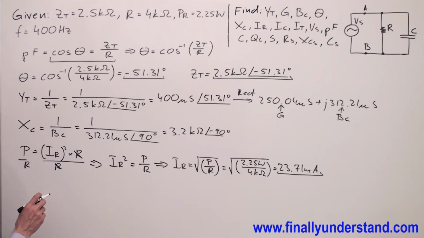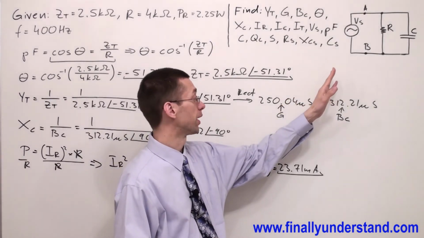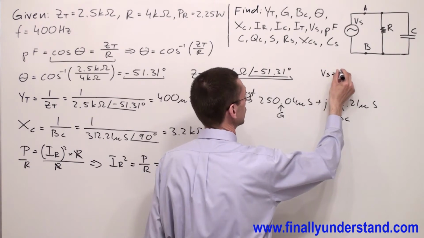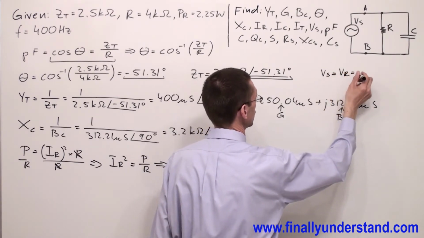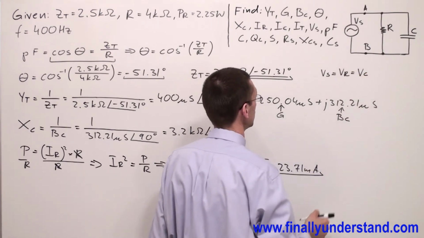Next, I'm supposed to find current IC. In order to do so, I'm going to find first the voltage source. You're supposed to realize that we are dealing with a parallel circuit. In a parallel circuit, the voltage source is equal to the voltage across the resistor, and this is also equal to the voltage across the capacitor.